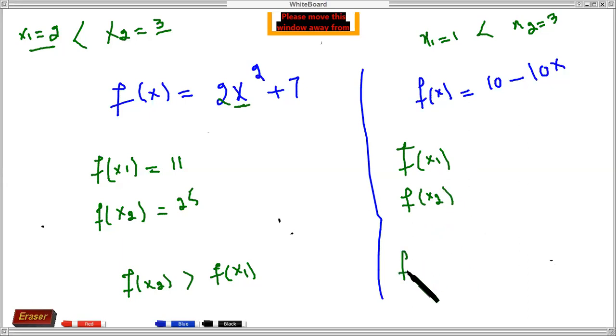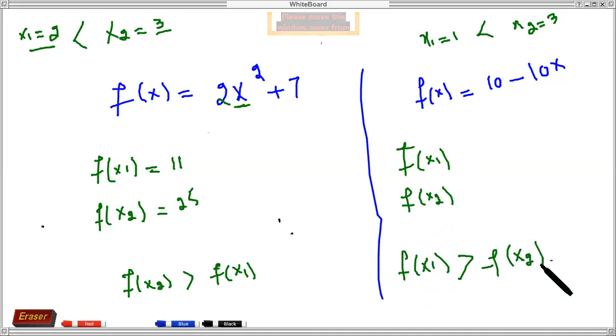But when the result f of x1 is greater than f of x2, this condition is for decreasing function. You can see here f of x2 is greater than f of x1, but here f of x1 is greater than f of x2.